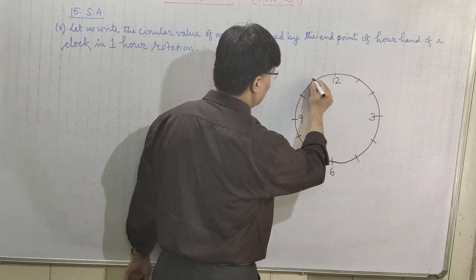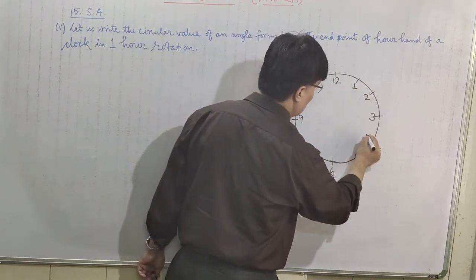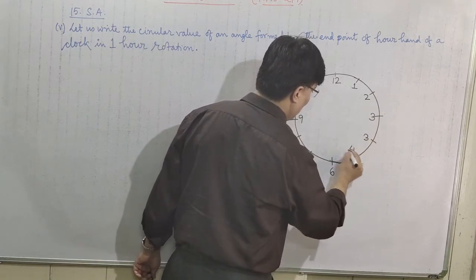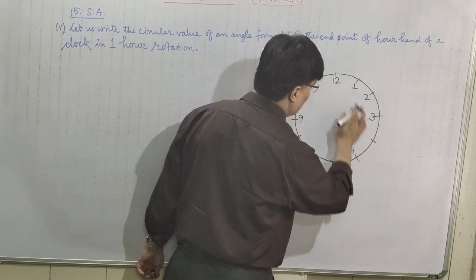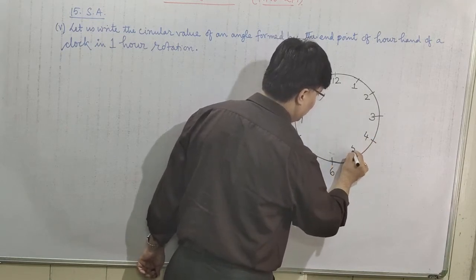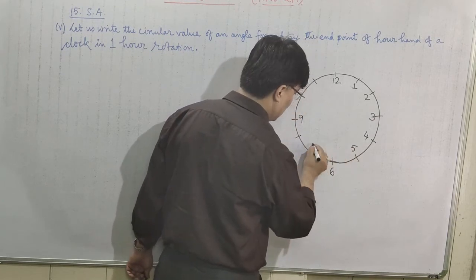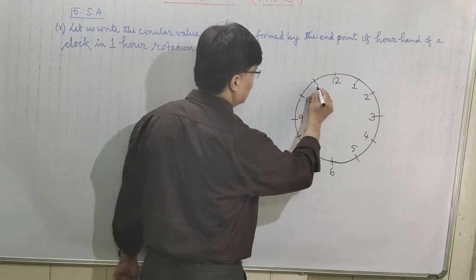This is 10 and this is 11. So this is 1, 2, 3, 4. This is not 3. 1, 2, 3. This is 4. This is your 5. 6 is already there. This is 7, 8, 9 is already there. This is 10 and this is 11.